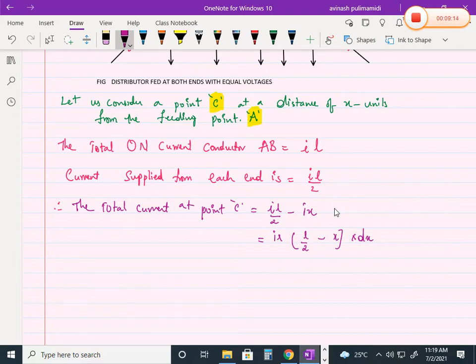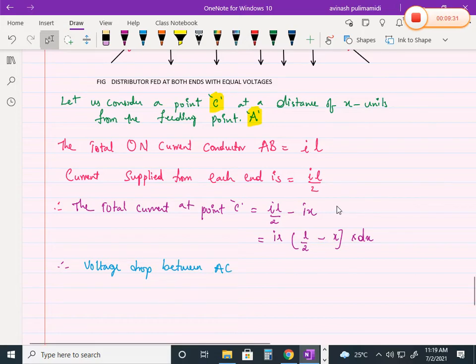Now the voltage drop between A and C is the integral of dV.